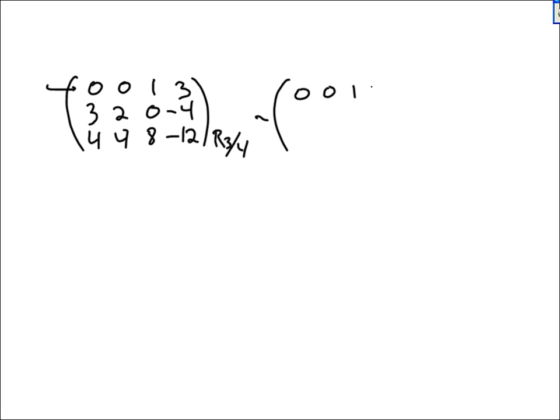0, 0, 1, 3. Oh, notice I write the rule right by the row that I'm doing that rule to. You're going to be driving your teacher crazy if you just do these steps without writing down what rule you're doing, because if you make a mistake, there's a good chance the instructor will not figure out what you meant to do.